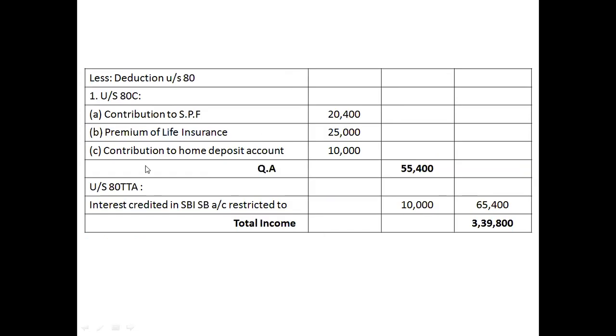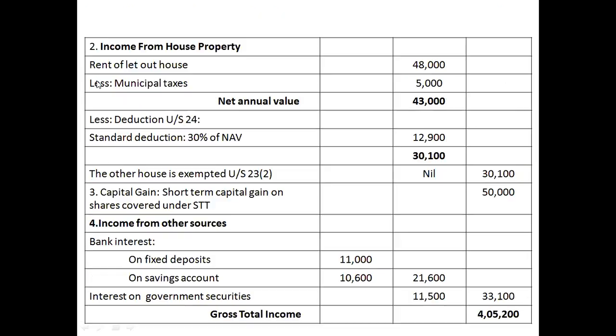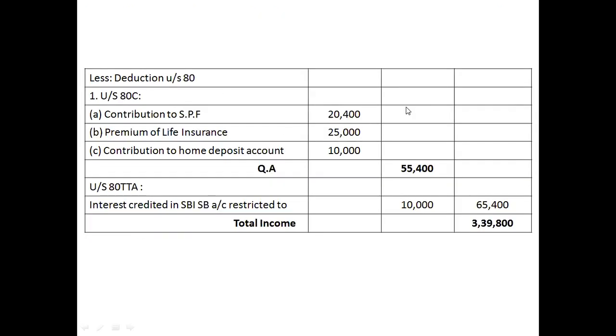Then we have a contribution to a home deposit account. In the problem, the home deposit account is 10,000 rupees. So 20,400 plus 25,000 plus 10,000 gives 55,400. This will be the qualifying amount for the deductions. But we also have 80TTA.